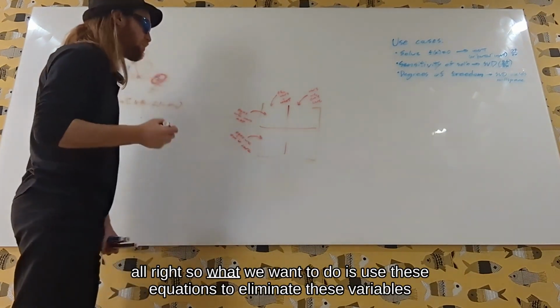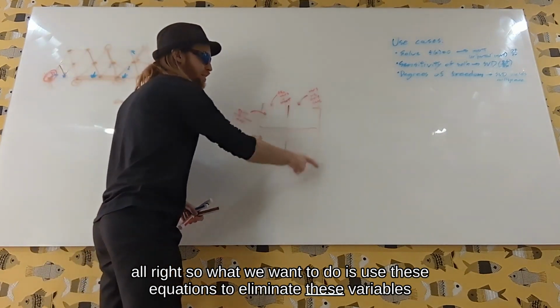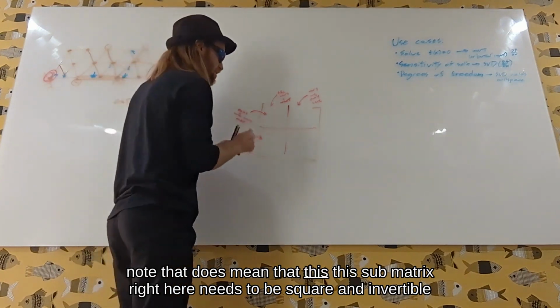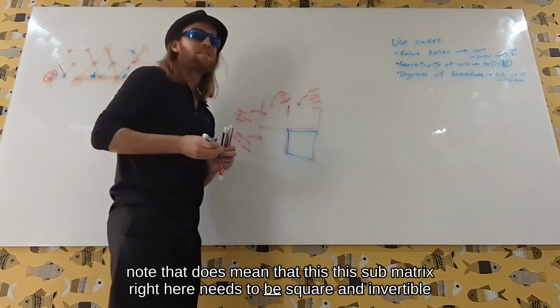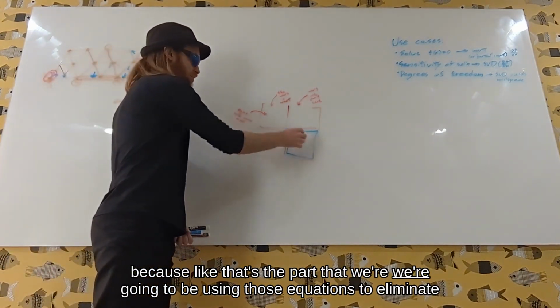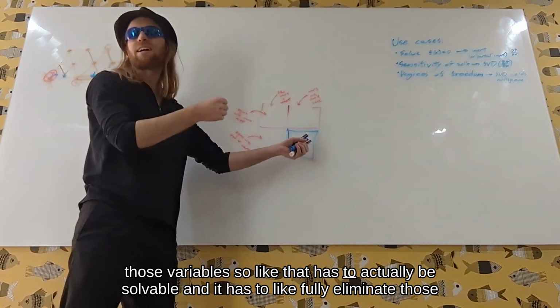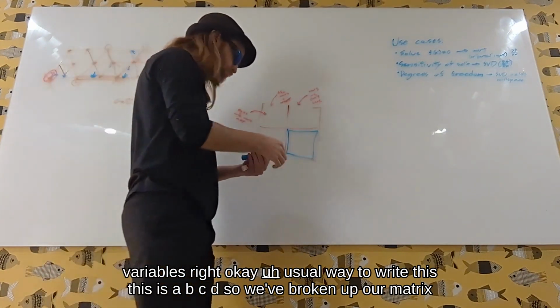So what we want to do is use these equations to eliminate these variables. Note that this does mean that this submatrix right here needs to be square and invertible, because that's the part that we're going to be using those equations to eliminate those variables. So that has to actually be solvable and it has to fully eliminate those variables, right?